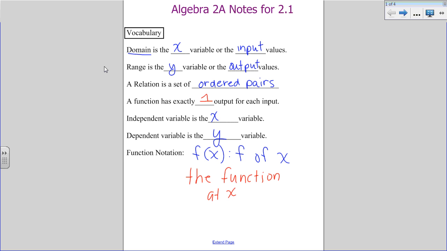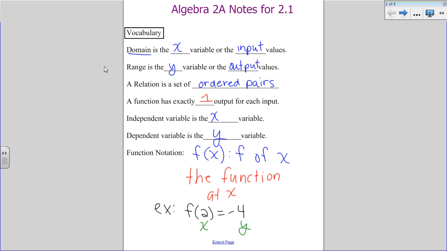And so what we start to see is f of 2 equals -4. What that means is that the function at 2 is -4. So when I plugged in 2, my output was -4. It's a quick way of being able to see what your x is and what your y is.